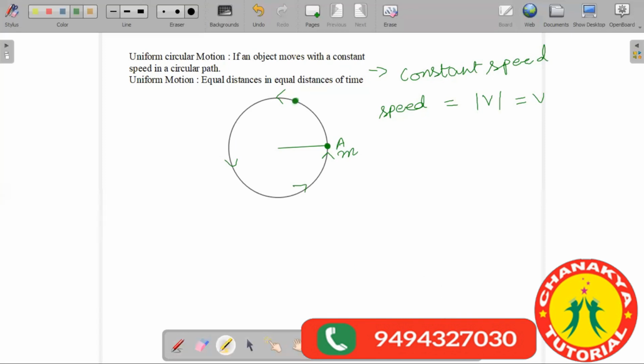At A, if I observe from the center, suppose I am standing at the center, then when the object is at A, to me it will appear as if the object is moving something like this. This is the direction of motion which I will observe at the point A.